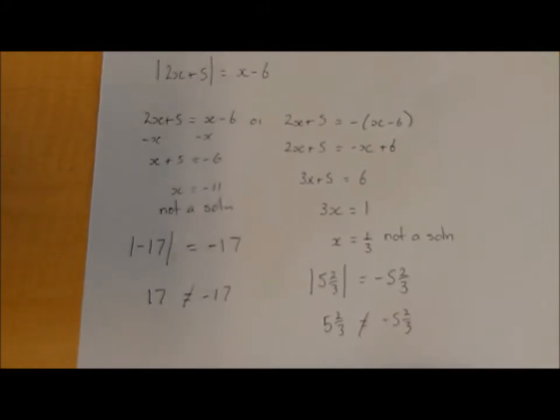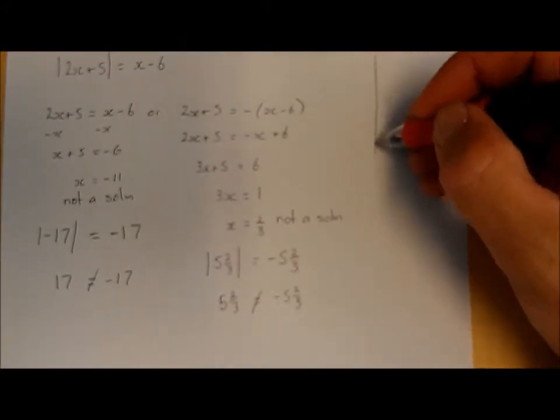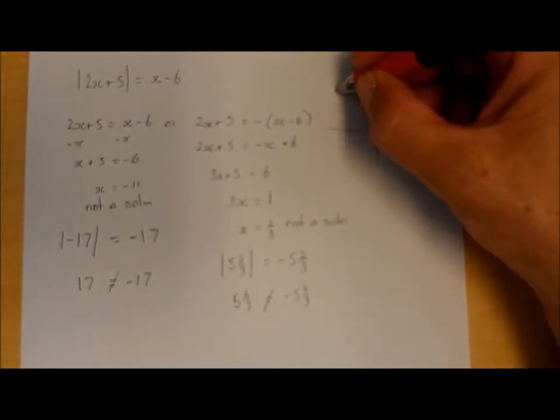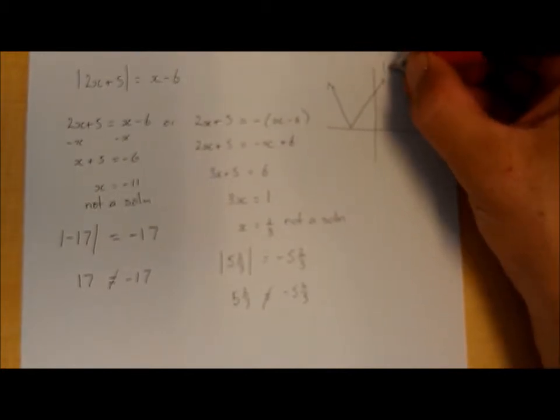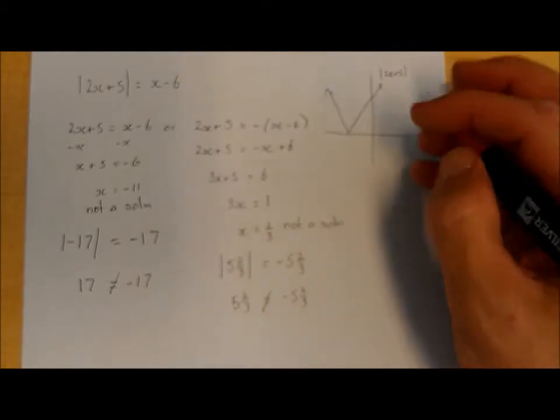And in fact, what's happening here is if we tried to graph these two, we would find that the graph of the absolute value of 2x plus 5 does this. We haven't looked at this graph yet, but this is what the graph looks like here.